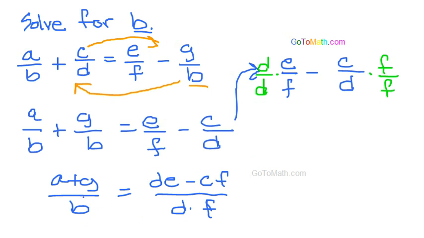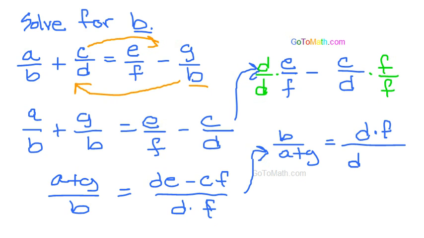Now here's a trick we can do. We'll do that trick right here. So we can just flip this fraction. This becomes b over a plus g. And then we've got to flip this fraction here: d times f over d times e minus c times f.